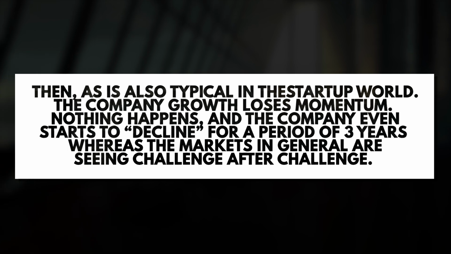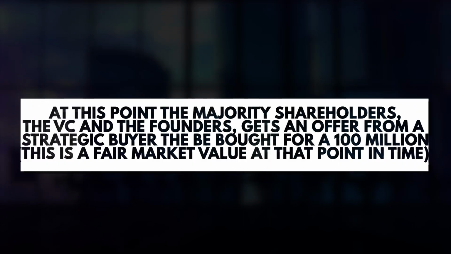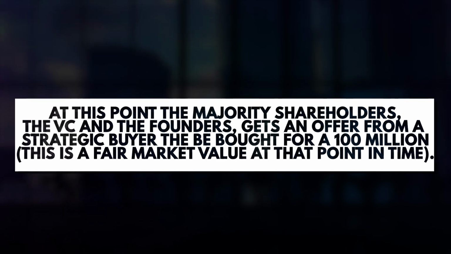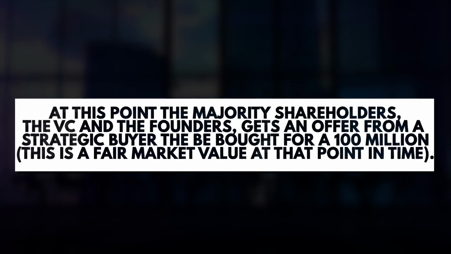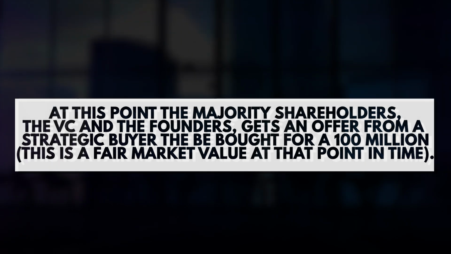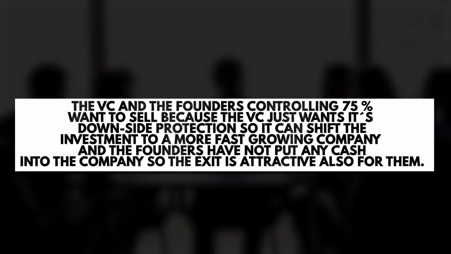And then a strategic buyer comes and offers to buy the company for 100 million, which is the fair market value at that point in time. Well, the VC who got preference shares jump at their chance because they have that downside protection.